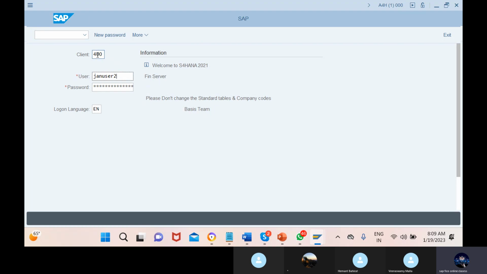We have to mention it here, and the user and password will be given to you by the basis team. Each user has a different number compared to others. Suppose the language we choose here to log on is the language we will see when we are configuring. Now I'm giving my username and password.